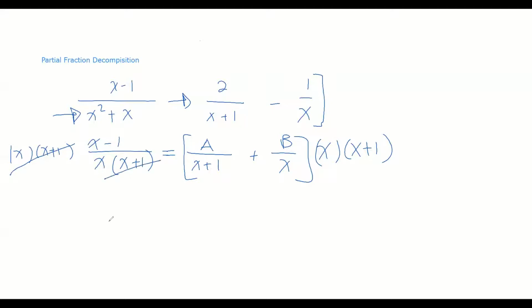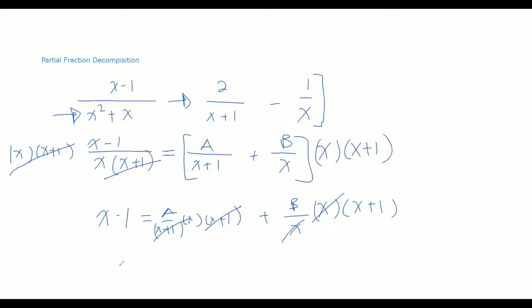That lets the denominator go away, and then we get x minus 1 is equal to a over x plus 1 times x plus 1. The x plus 1s are going to cancel, and in the second case, I'm also being multiplied by x and x plus 1, but the x's are going to cancel. And then I have a times x plus b times x plus 1.